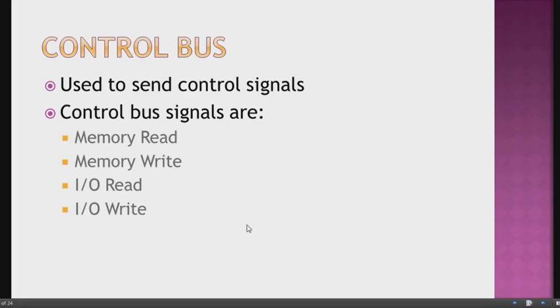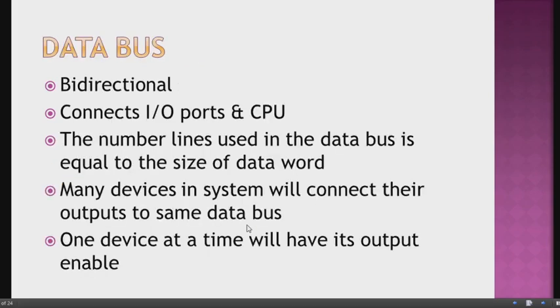Next one is the control bus. This control bus is generally used to send the control signals. As we have seen in the previous slide, many devices can connect to the same data bus, but only one device can have access to that data bus.